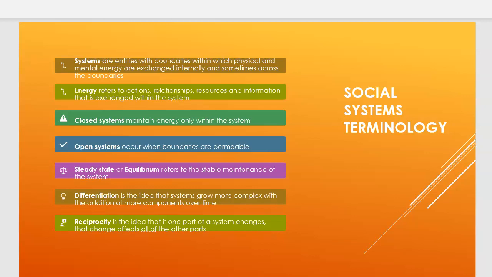This slide presents some of the important terms that are part of thinking systemically. So a definition of systems is that they are entities with boundaries within which physical and mental energy are exchanged internally and sometimes across the boundaries.